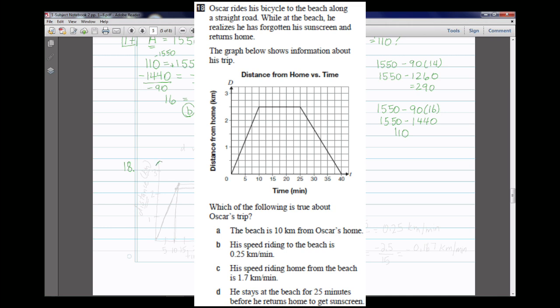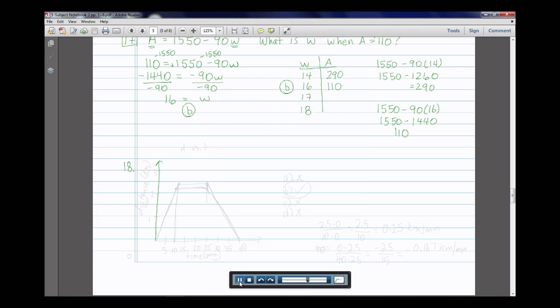I won't put all the detail in, but we have the y-axis there, and our x-axis, and this is time in minutes, and this is your distance from home. I'll just do a short form of kilometers, and again this is distance versus time.